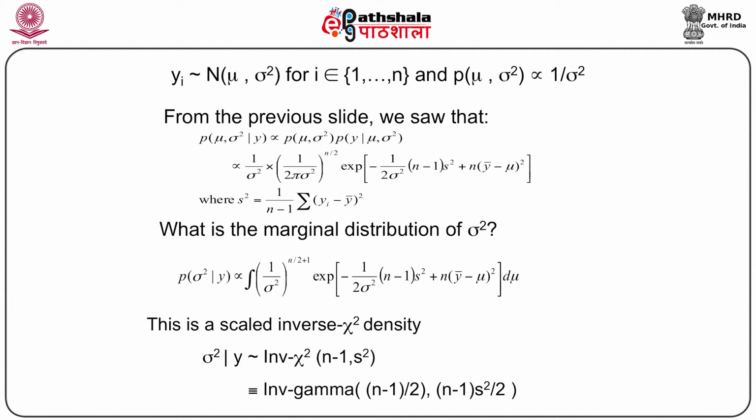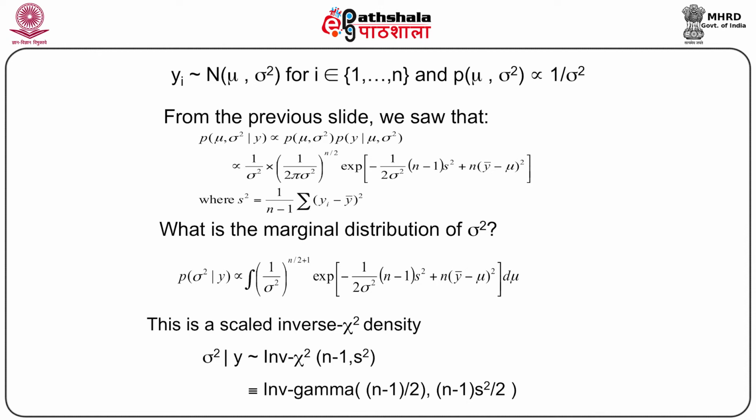From the previous slide, we observe that the joint distribution can be written as mentioned in the slide, where s square is the sample variance. Now a natural question will be, what is the marginal distribution of sigma square? The marginal distribution of sigma square, which we mean is the posterior distribution of sigma square given y. In that case, we have to eliminate mu.